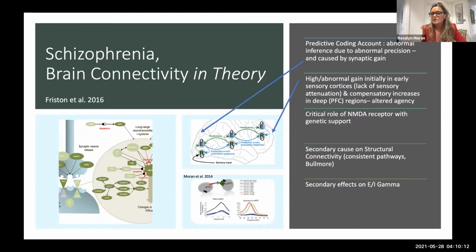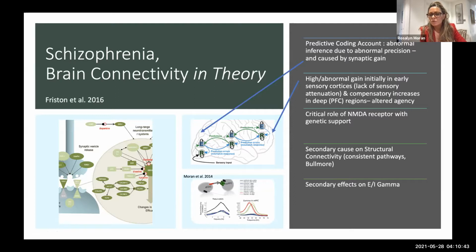What you then might do is compensate in frontal regions and so have aberrant or hyper precision in deeper levels of the hierarchy. And this might then contribute to interesting things like altered agency, so ascribing things that you did to external people because you're not able to downweight your sensory prediction errors. And so this scheme of forward and backward message passing is crucially dysregulated in schizophrenia.